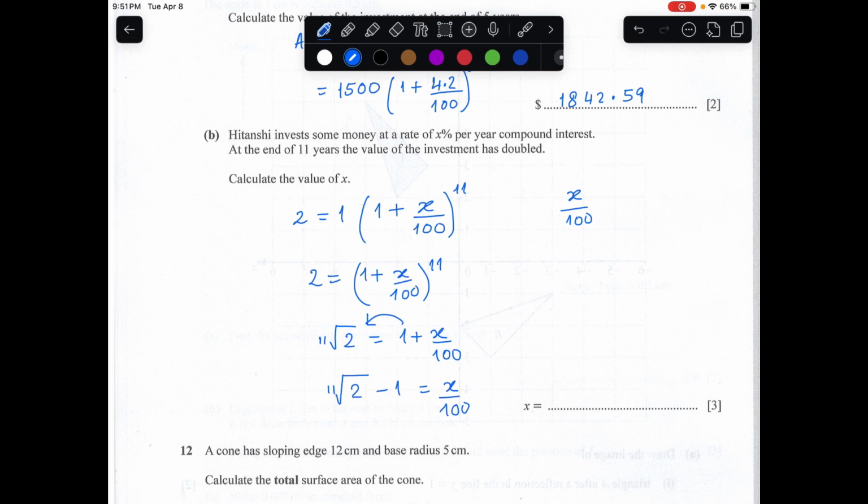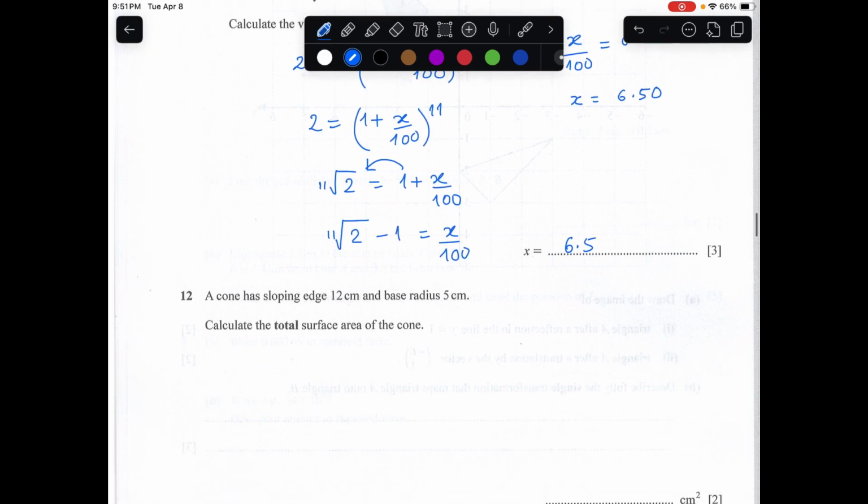Okay, found it. 11th root of 2 minus 1 gives me 0.06504, and if I multiply this by 100 to calculate X, I get 6.50. So that's going to be 6.50, or you may leave it as 6.5.